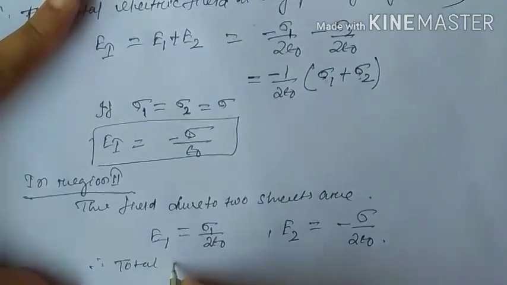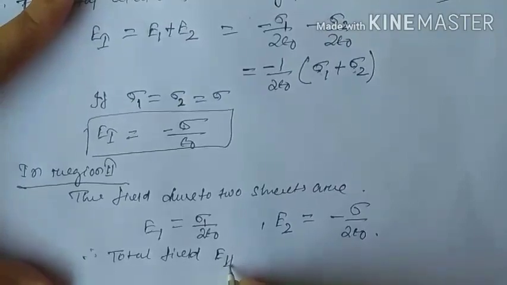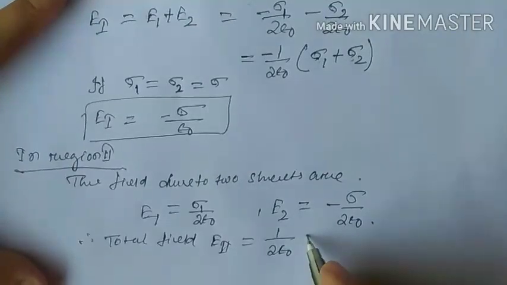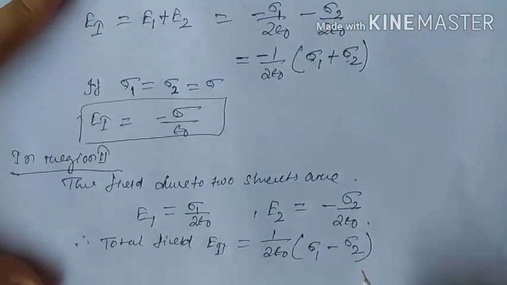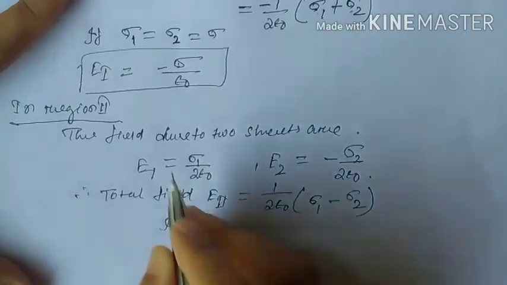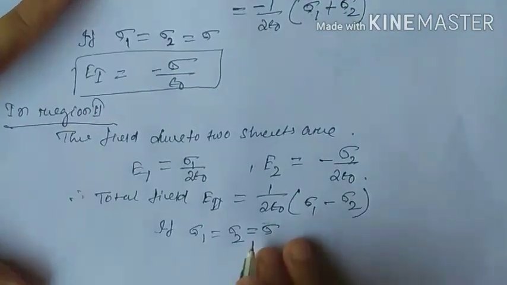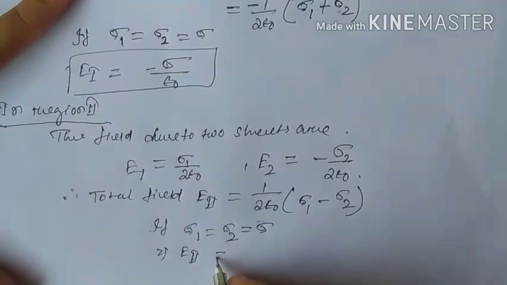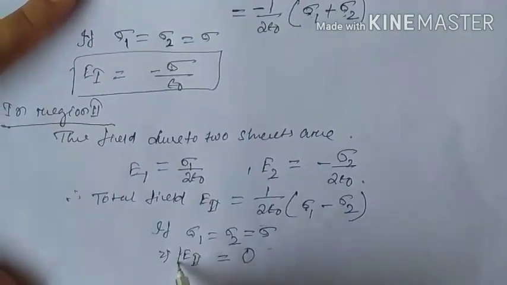Therefore total field E2 is equal to 1 by 2 epsilon naught, sigma 1 minus sigma 2, right? So if same case we will apply, if suppose sigma 1 is equal to sigma 2, then what will happen? The above relation becomes E2 is equal to sigma minus sigma, that is 0. So E2 is equal to 0.